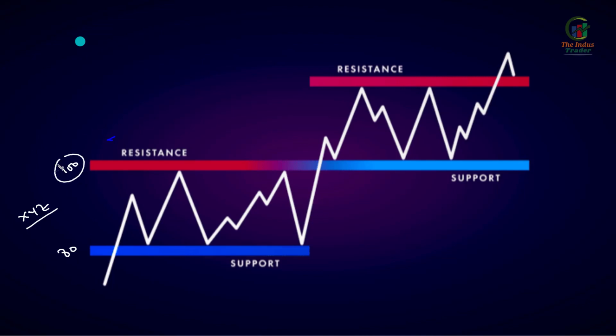At one particular time, XYZ posted very good profits, and the company management gave hope that they're going to make more profit in the upcoming quarter. So this is positive news for XYZ, and again we got a breakout.